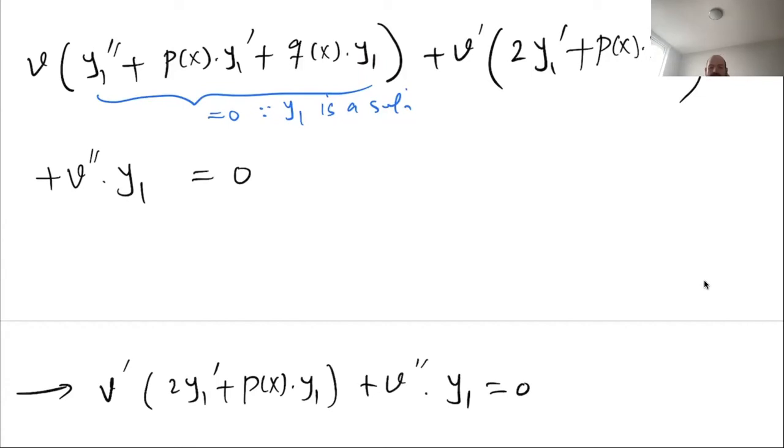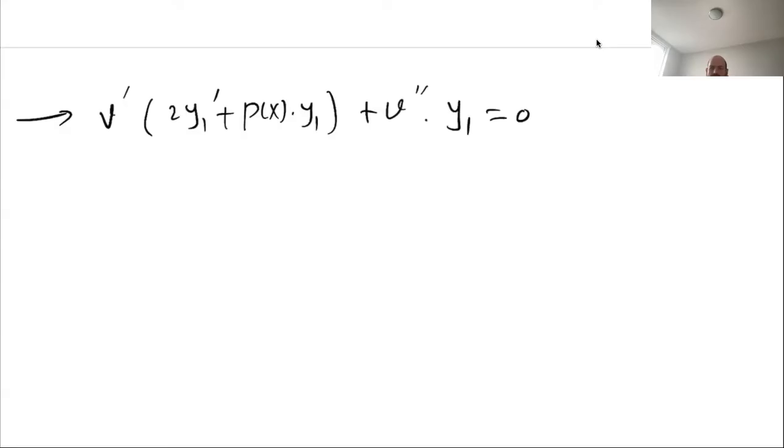So this will be the equation that v must satisfy. And as you can see here, there is no v term. It's just v prime and v double prime. The v term already vanished. So how can I take advantage of this situation? Let's set v prime as another variable, w, because then v double prime will be w prime.